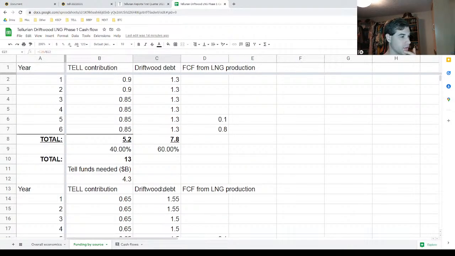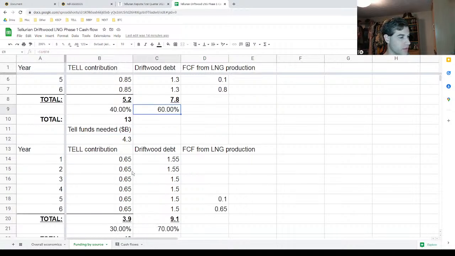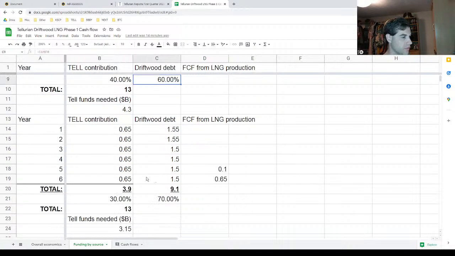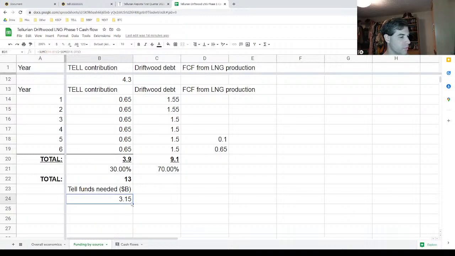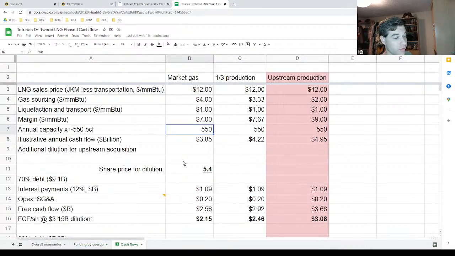And so that gets us to these numbers where Tellurian would need to contribute $5.2 billion, which, if you assume they do get some free cash flow from LNG production, gets you down to about $4.3 billion that they would need to actually dilute in order to fund in the 60% case. And going through a similar exercise for the 70% case, you need about $3.15 billion in dilution, or being raised from equity somehow, which again, this is a simple model for dilution.